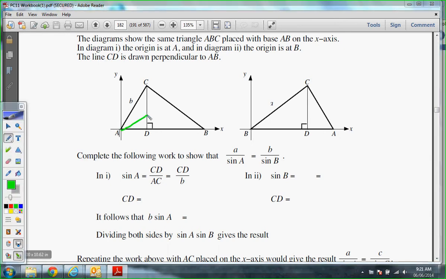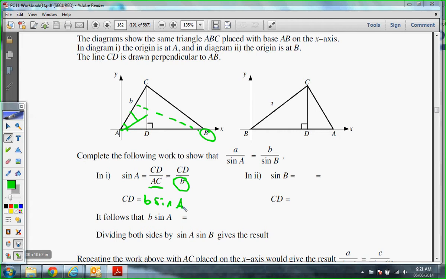AC is also little b, so if I multiply b over, CD equals b sine A.